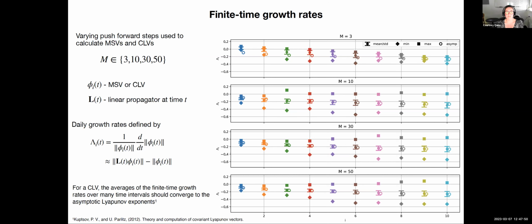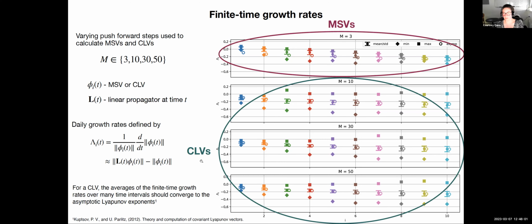What we do is we vary that window in which we're calculating the MSVs and CLVs, and then we calculate the growth rates. I won't go too much into that because I'm running out of time, but the main difference to look at is wherever the statistics of our daily growth rates align with the asymptotic behavior, we're going to call those CLVs, because we know that the averages of finite time growth over many intervals converge to asymptotic Lyapunov exponents.